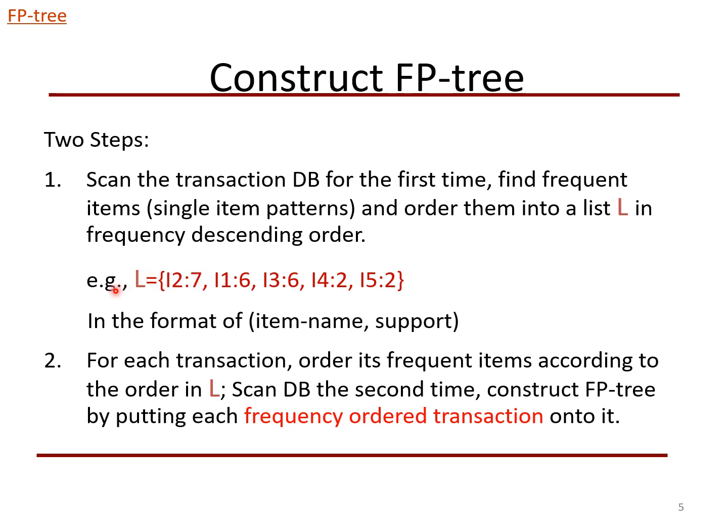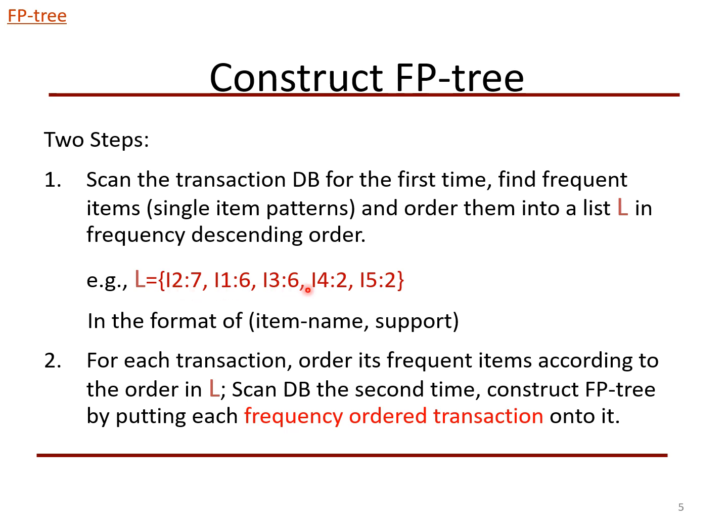Now the items that appear in L are those items that satisfy the minimum support condition. In the case of the example that we're dealing with, the minimum support is 2.